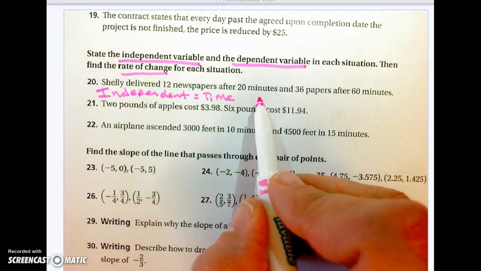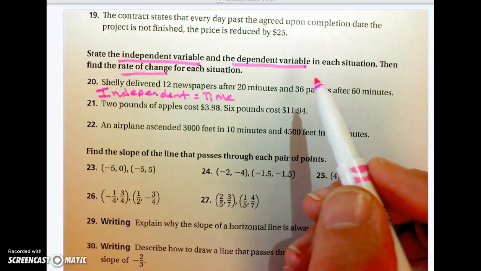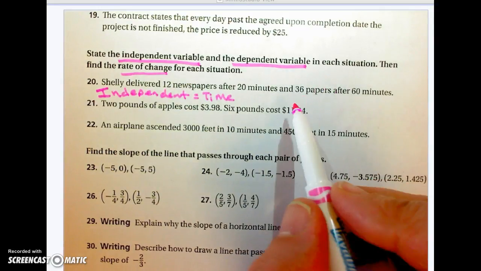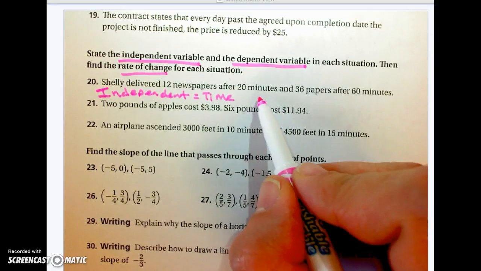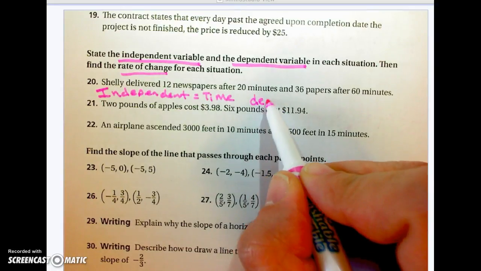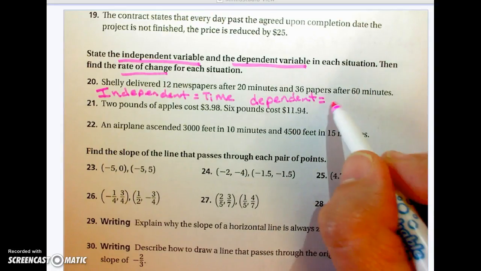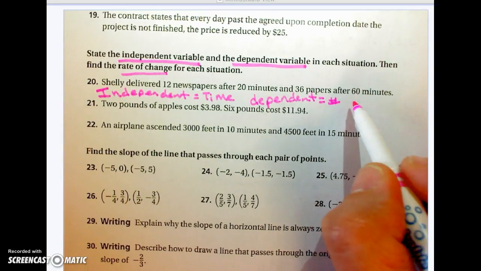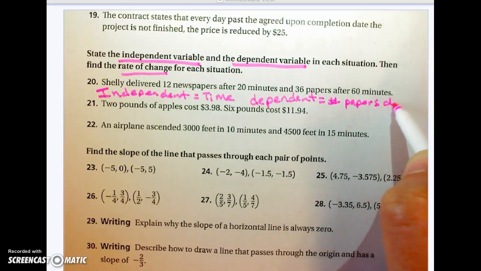It's easy for us to choose minutes, but minutes is representing the time. It's a unit of time, and that's what's in control. And who's depending on that? What's dependent on it? That's the number of papers delivered.